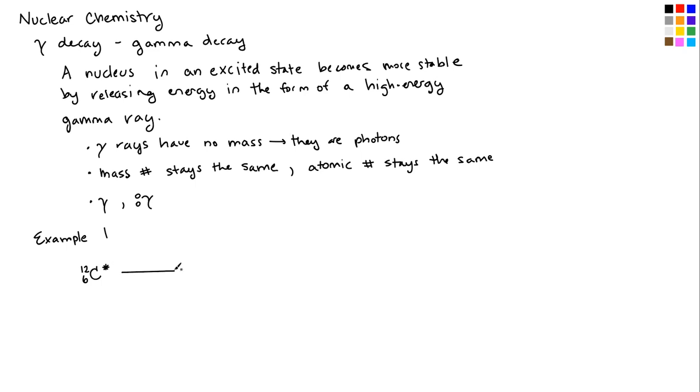And so the products of this gamma decay of our carbon atom are going to be that same carbon nucleus plus a gamma ray, plus this big packet of energy. And as we spoke about in the very first video on nuclear chemistry, releasing energy is a feature of nuclear reactions. Nuclear reactions tend to release a lot of energy, and this is the highest energy type of reaction that we have looked at.